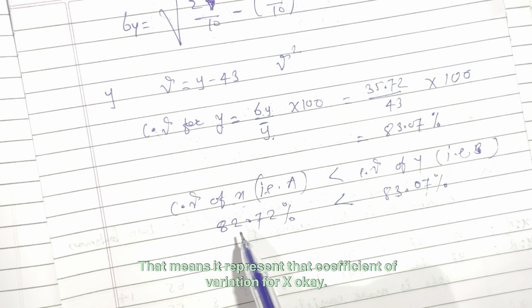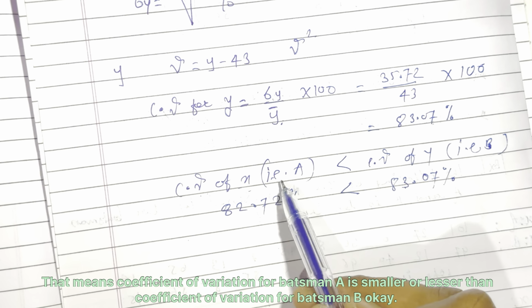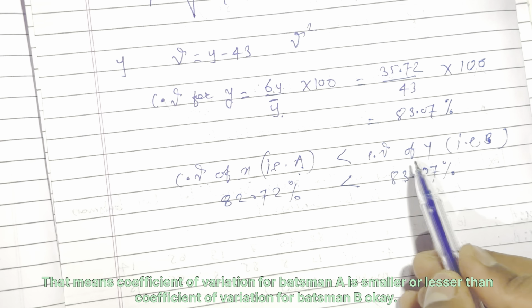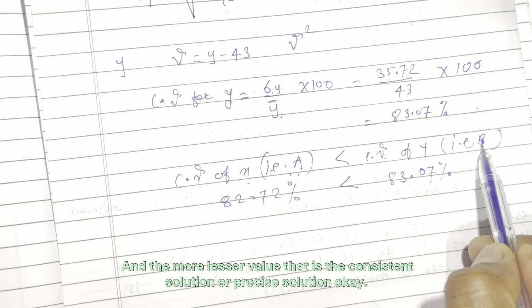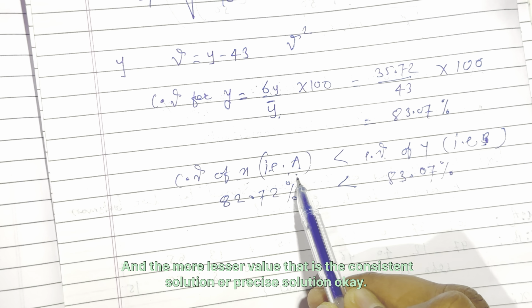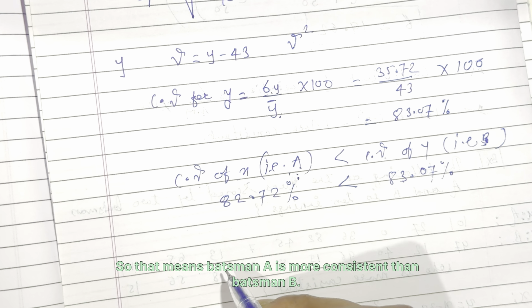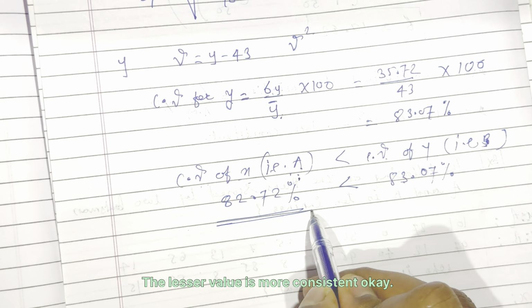Now see that 83 is a bigger value. That means coefficient of variation for batsman A is smaller or lesser than coefficient of variation for batsman B. And the lesser value is the consistent or precise solution. So batsman A is more consistent than batsman B. The lesser value is more consistent.